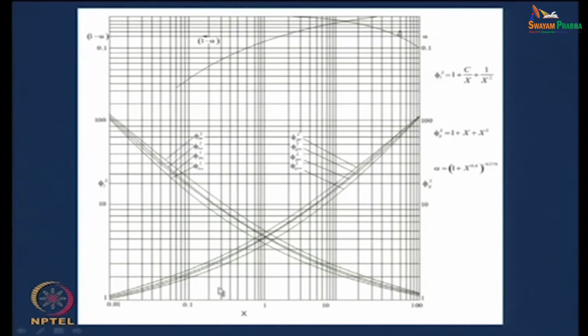So, the void fraction was next plotted as a function of x. In many textbooks you will find that there are different sets of curves for phi L square. In fact, Wallis, if you see, has given 4 sets of curves for both phases in laminar, both phases in turbulent and so on and so forth, but here I have condensed everything so that from one particular graph you can get all the information.